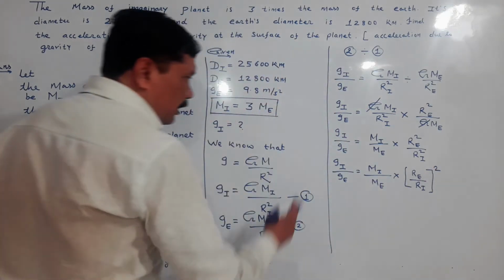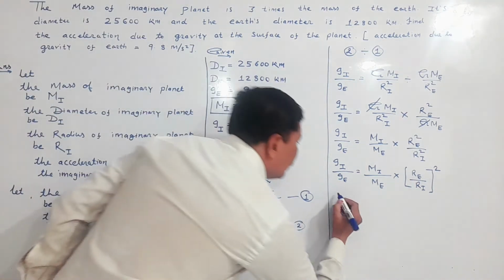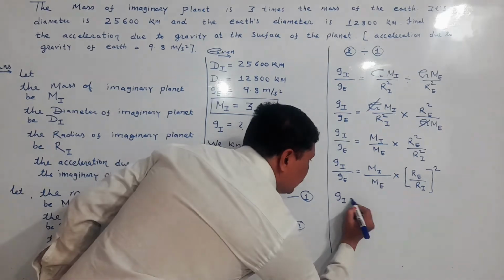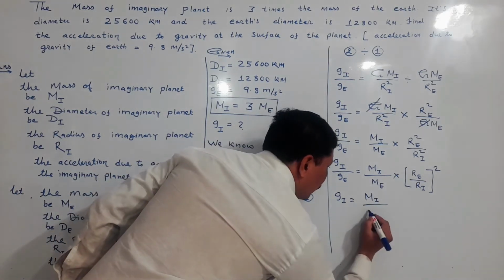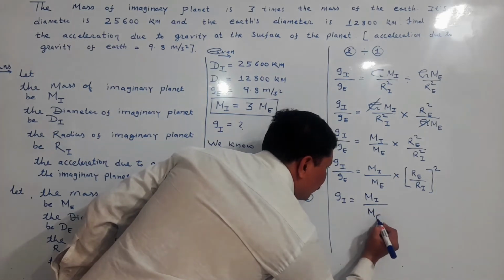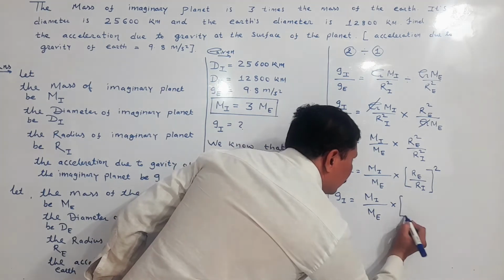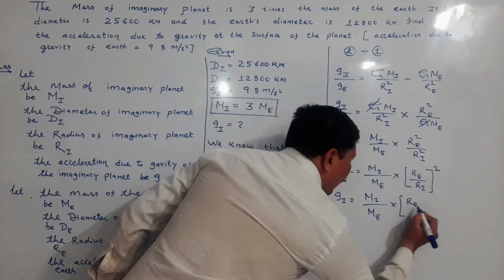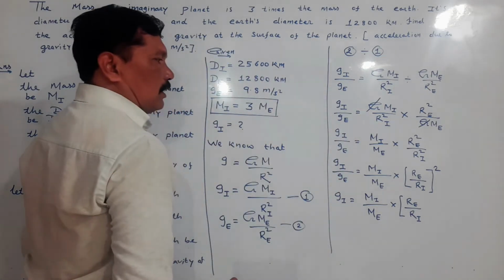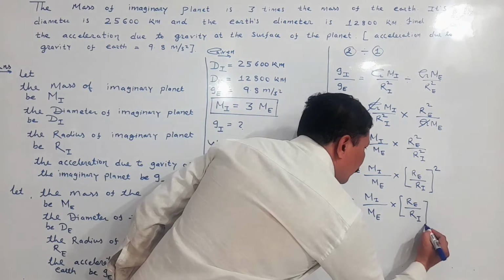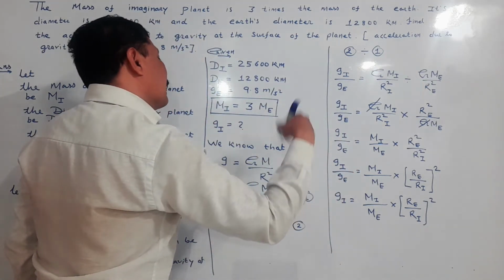My dear student, here we have asked to find out Gi. So Gi is equal to Mi upon Me into Re upon Ri whole square, and Ge will take to the other side of equation.